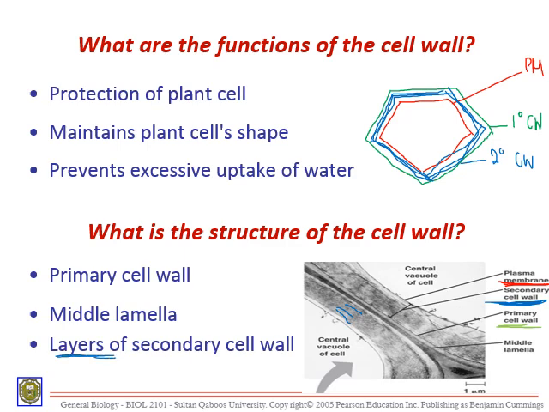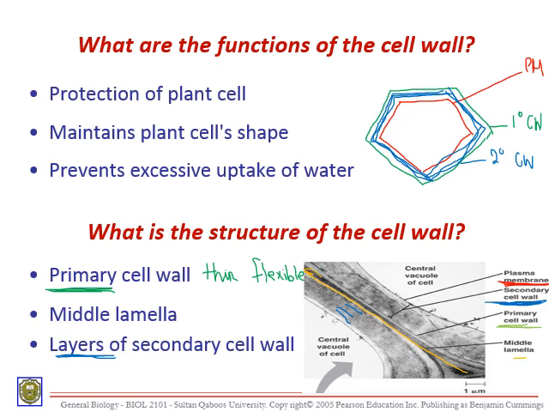Unlike the primary cell wall, the primary cell wall is only one layer and it's thin, okay, and it's flexible, okay. Now, if we look into the connection or the space between one plant cell and the next plant cell, you've got here in the middle what we call the middle lamella.